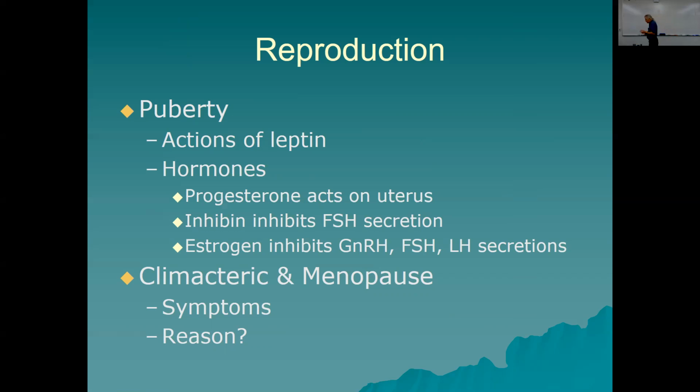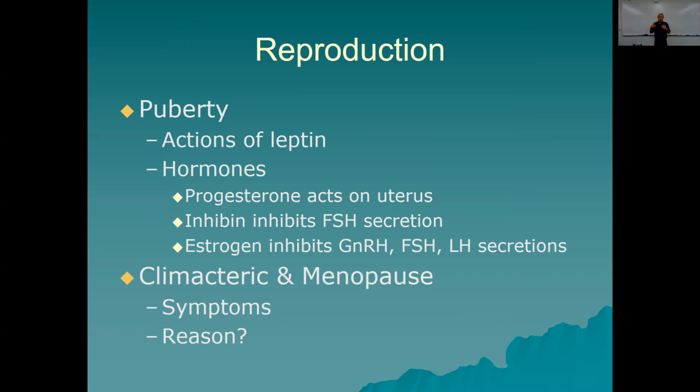Okay, climacteric and menopause. Symptoms: hot flashes, possible bit of bone loss, and the onset of menopause, usually in the late 40s, early 50s.